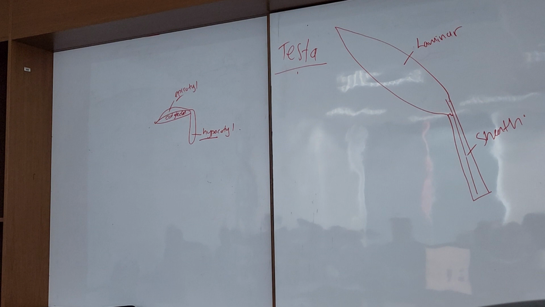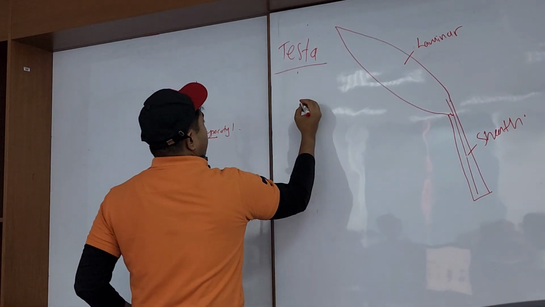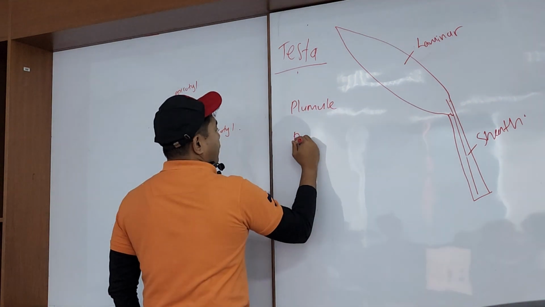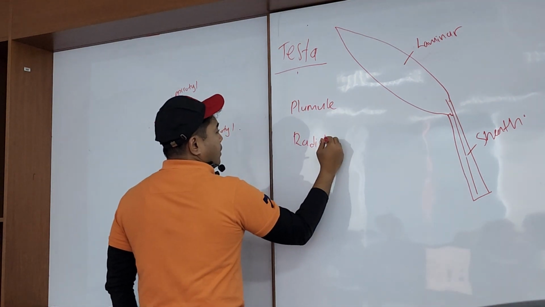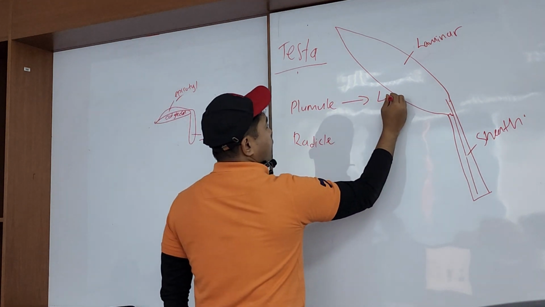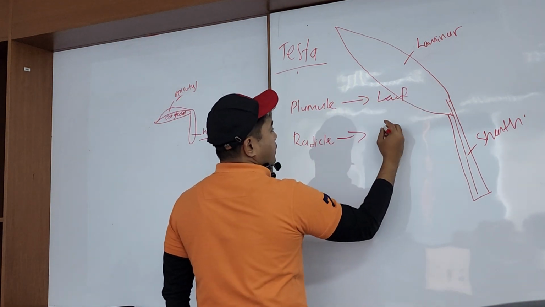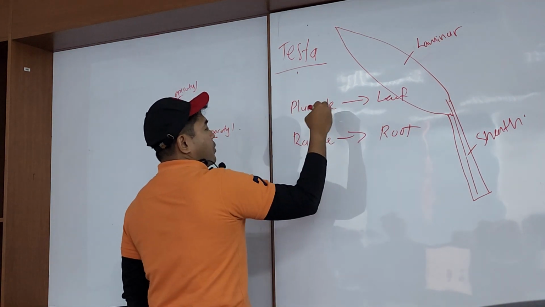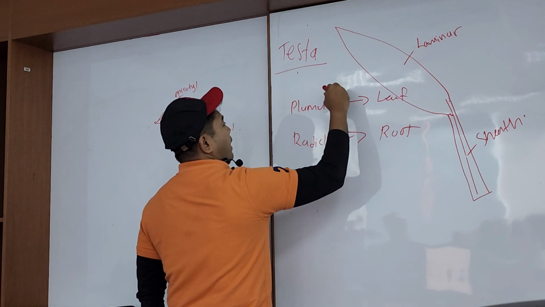Another terminology you need to get along with now: you have plumule and radicle. The plumule gives rise to the leaf, and the radicle gives rise to the root. Each has a protective cap.